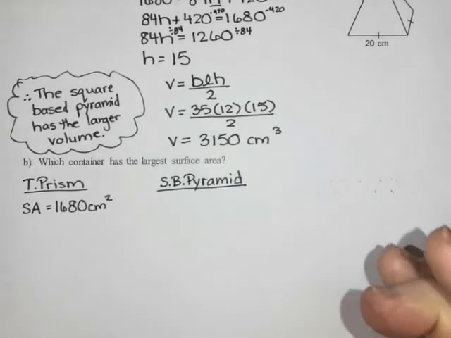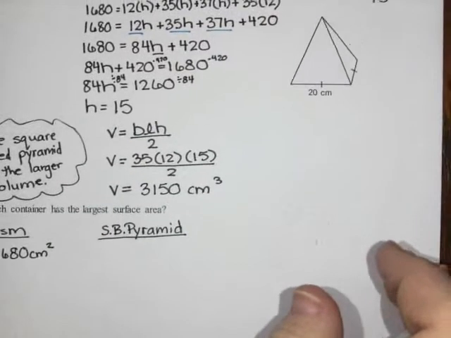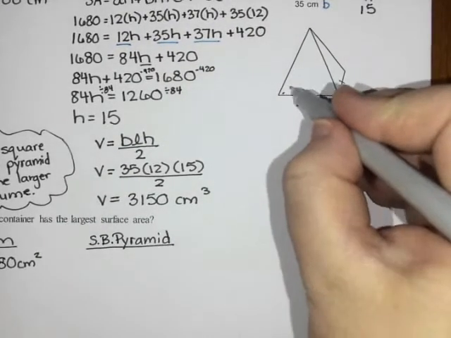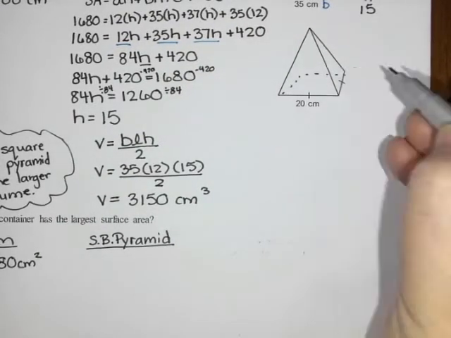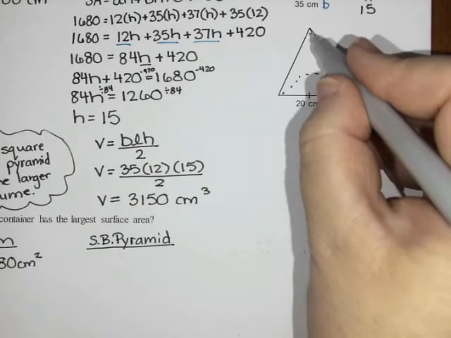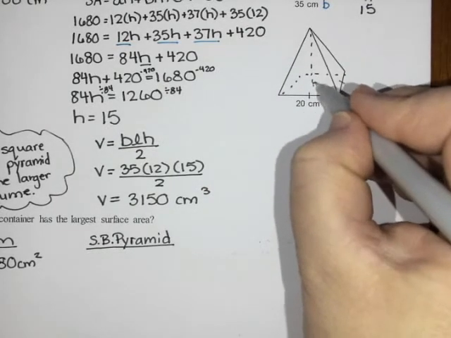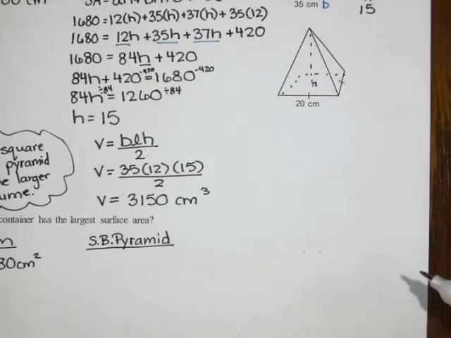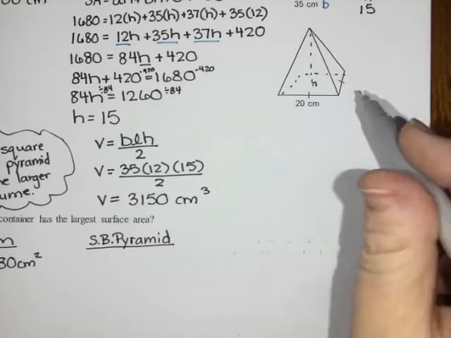So for our square-based pyramid, the surface area is b squared, that's the bottom, plus our 4 outside triangles, which is 2bs.